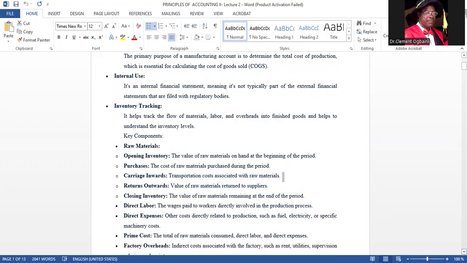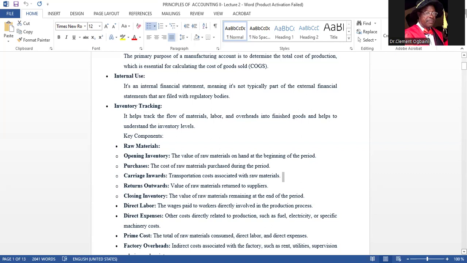So this manufacturing account helps us to track the material that we use in production, and also helps us to understand the accounts of that organization properly.